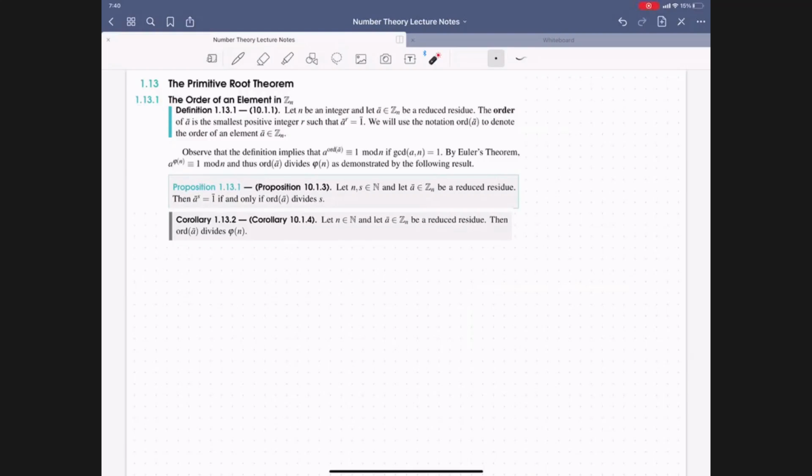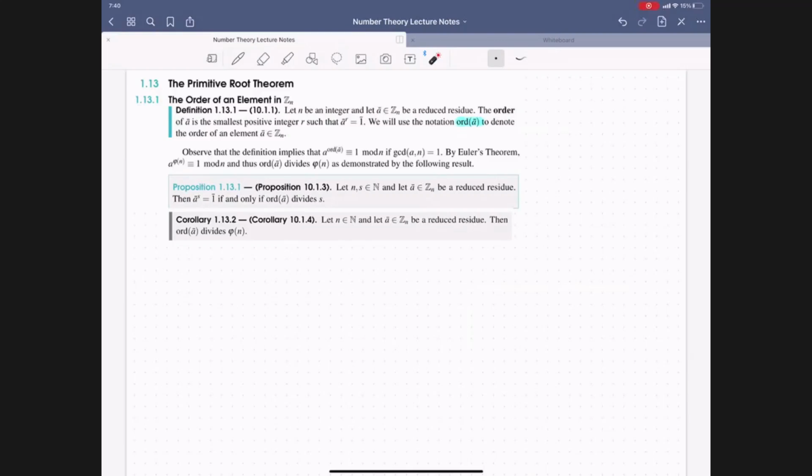Given some natural number n, and a congruence class a bar that is a reduced residue of the integers modulo n, we say that the order of a bar is the smallest positive integer r such that a bar to the r is equal to 1 bar. We're going to denote the order of a congruence class by this notation, order of a bar. That's just the smallest exponent to which we can raise a bar to get back 1 bar.